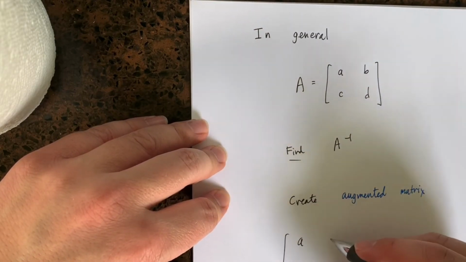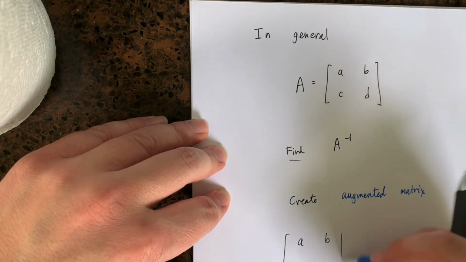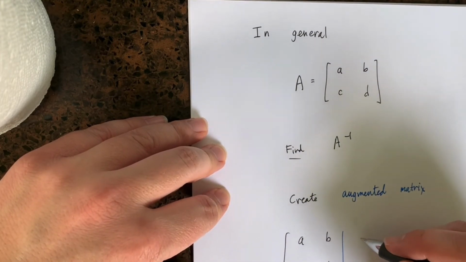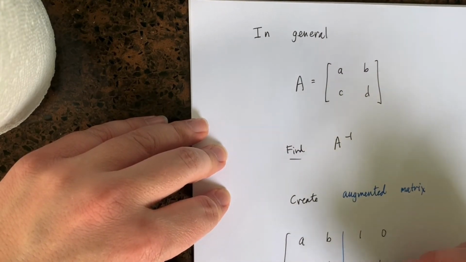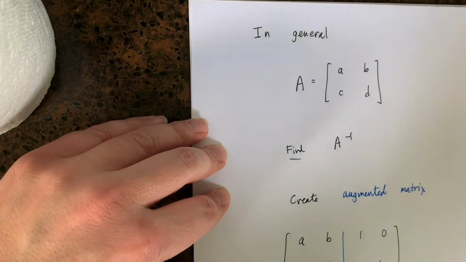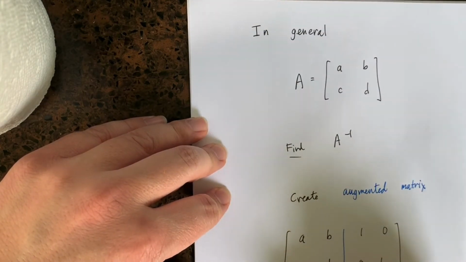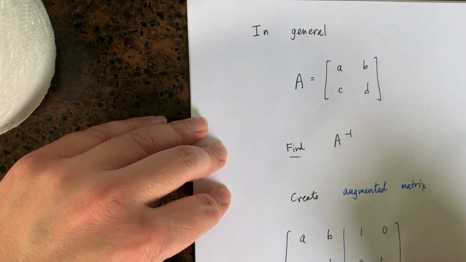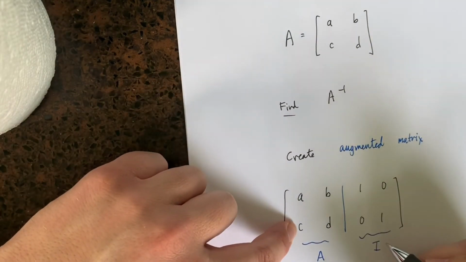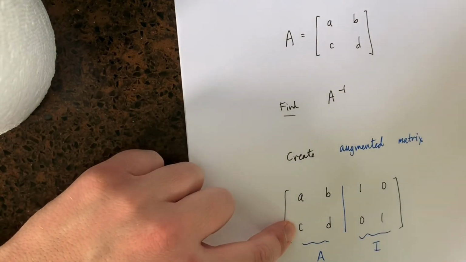So we've got A, B, C, D, and on the right, we've got 1, 0, 0, 1. Again, this is A, and this is the identity matrix. We need to zero out C by row operations.